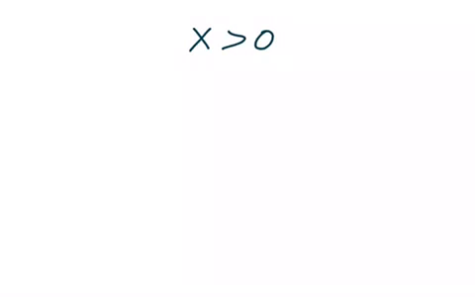In my last example, this little inequality says that x is greater than 0. Now remember, 0 is a number. So I'm going to draw a line, and I'm going to put a 0 on the bottom, and then I'm putting my circle.